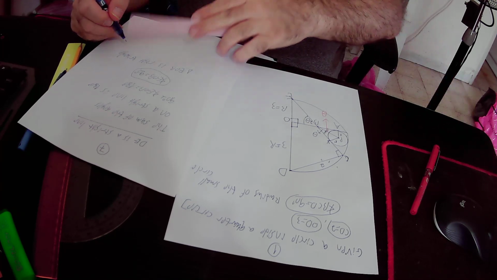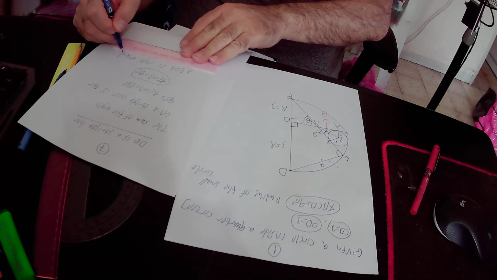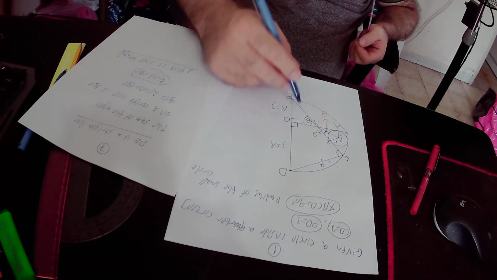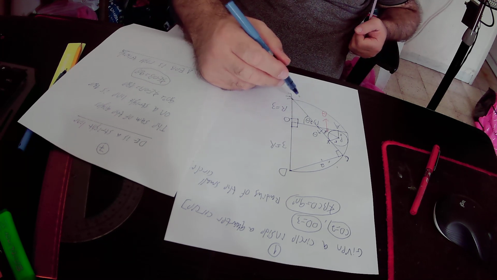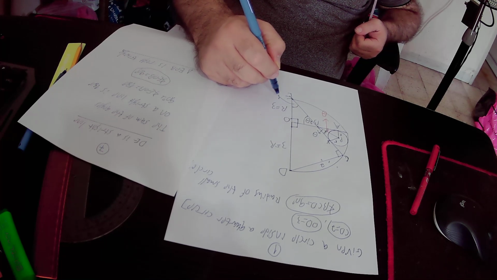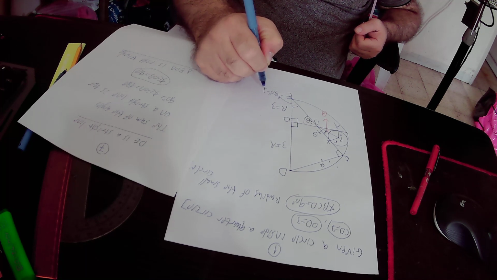And in the right triangle EOB, we know that this angle equals 2 theta. Therefore, this angle must be equal to 90 degrees minus 2 theta.